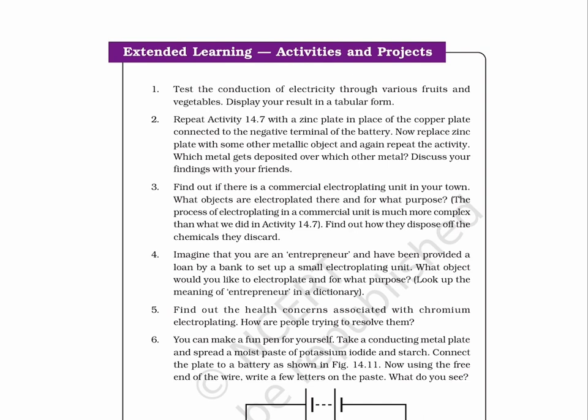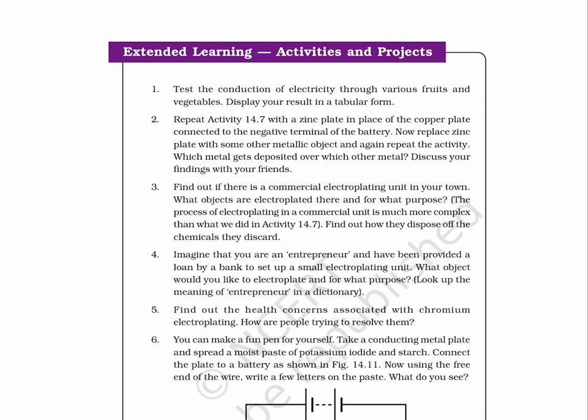3. Find out if there is a commercial electroplating unit in your town. What objects are electroplated there and for what purpose? The process of electroplating in a commercial unit is much more complex than what we did in activity 14.7. Find out how they dispose of the chemicals they discard. 4.